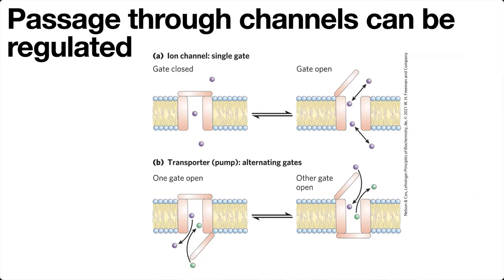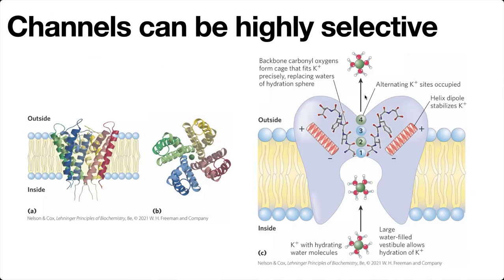And so, yes, we could keep pumping things out, but then we'd just be using that gradient kind of uselessly. So this is just transporting things, but it's not actually powering the movement of something against its gradient or anything like that. You're just kind of diffusing your gradient. Maybe you wanted this inside of the cell, so it's still helpful. It's not just useless, but you're not capturing the energy of that movement in order to do something.